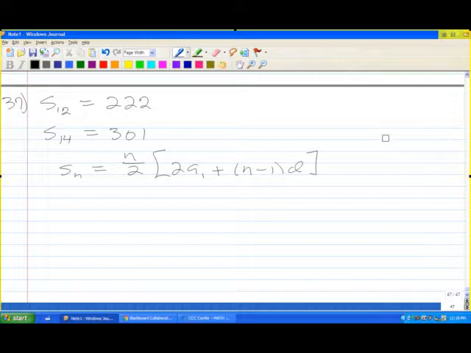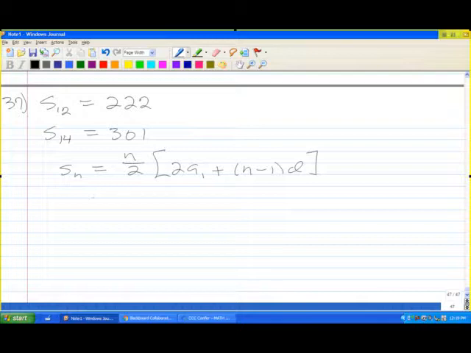So let's do it where I just have 2 equations and 2 unknowns. I'll know S14 and n, but I won't know a1 and d in either of these cases. So I'll have 2 unknowns, but 2 equations from these 2 pieces of information.